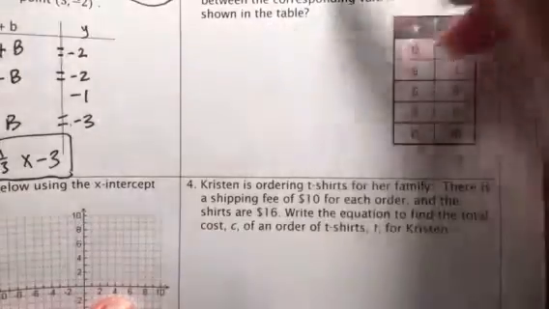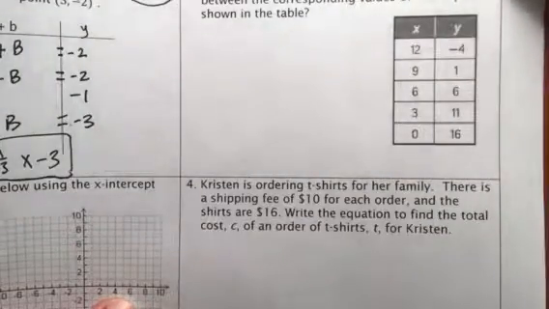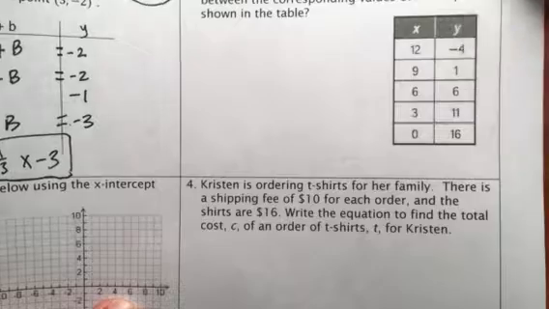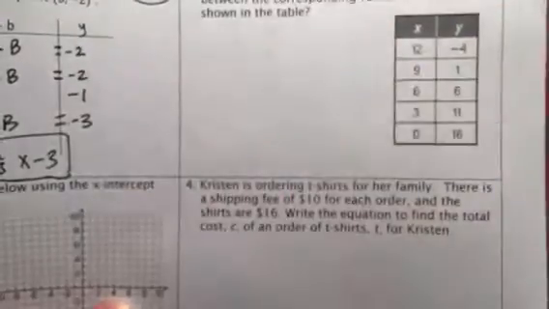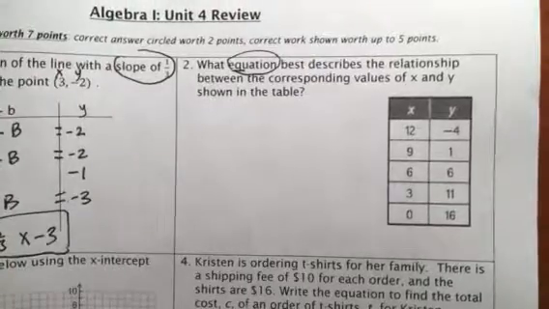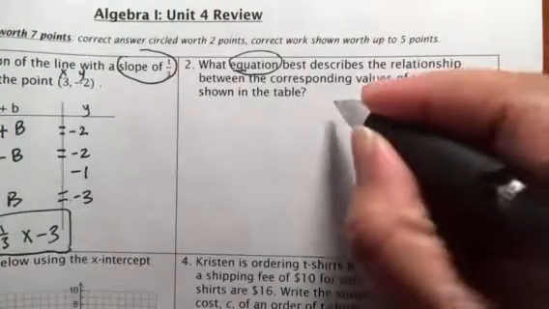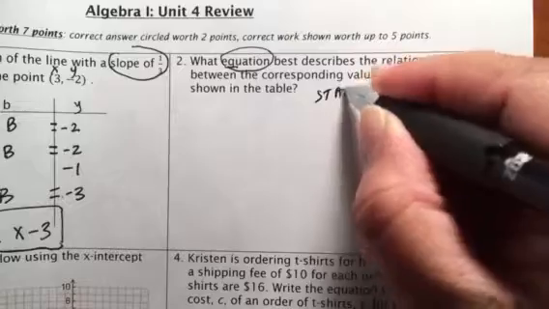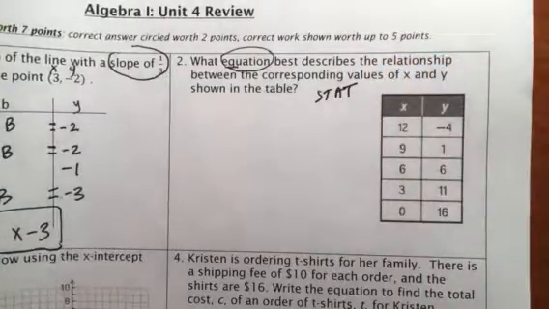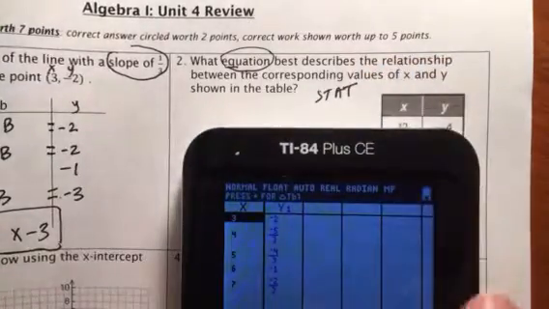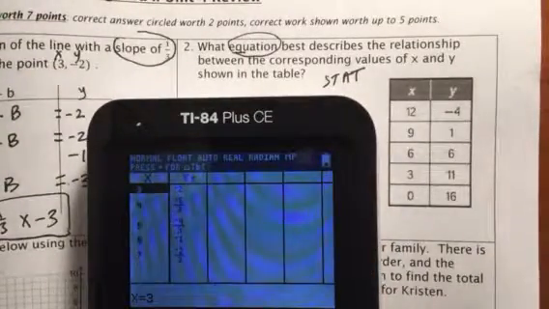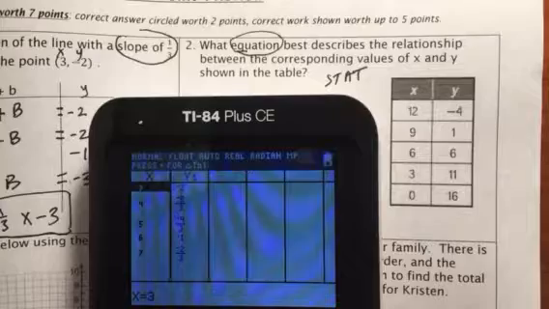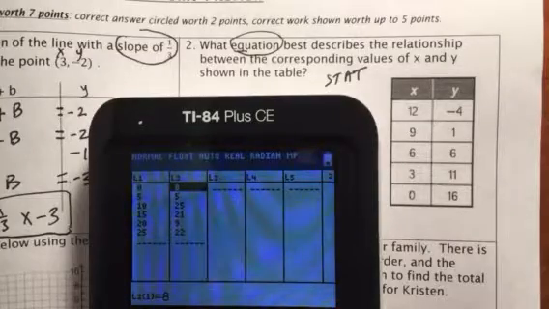So this one wants an equation that best describes the relationship between the corresponding x and y values. So if you're wanting an equation and you're given points, you should know this is stat. There is a poster on the wall that says stat, and it shows you the keys that you're supposed to use to enter stat, but we're going to go over it on here.